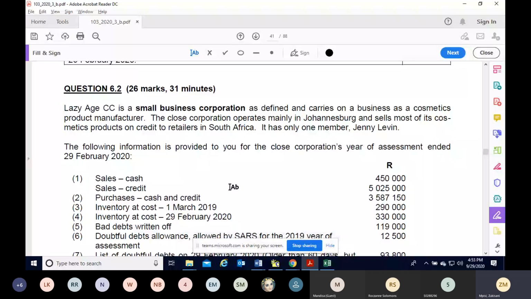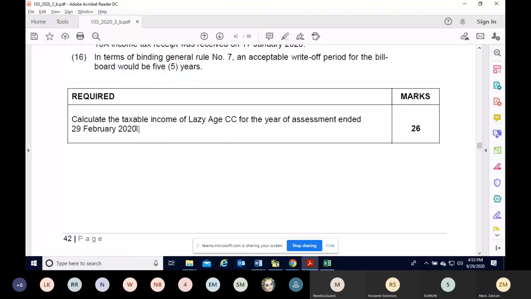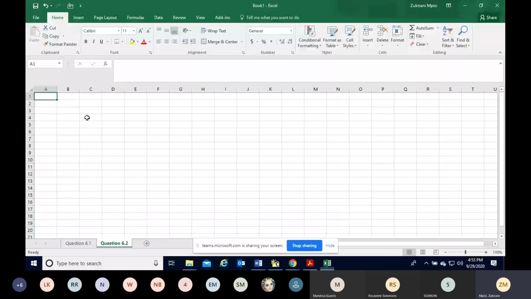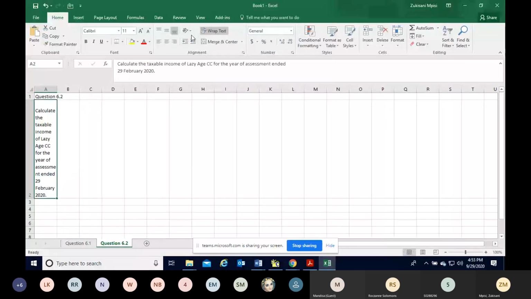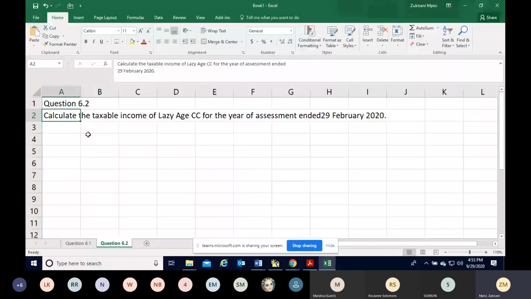In this case, we are asked to calculate the taxable income of Lazy CC, not the tax payable.